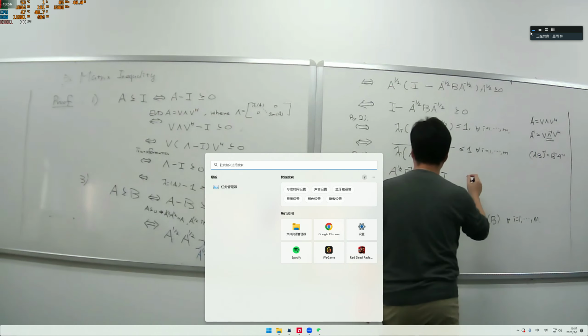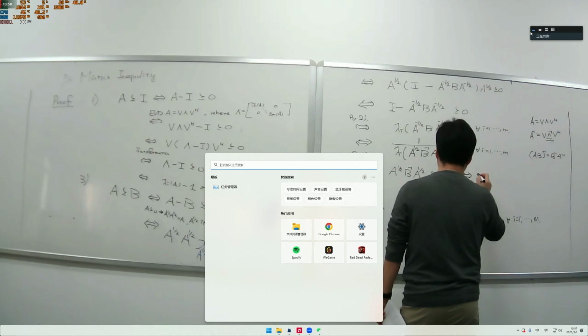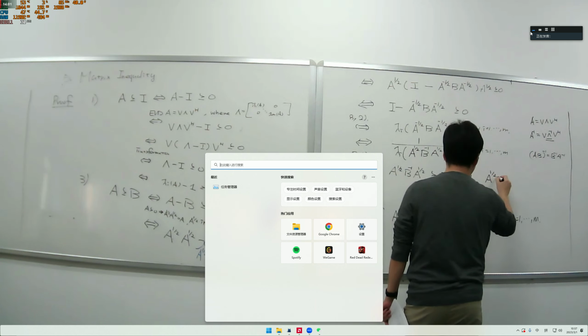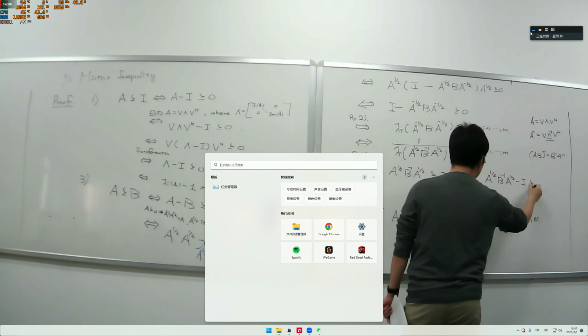Then this means A square root B inverse A square root minus I is PSD.